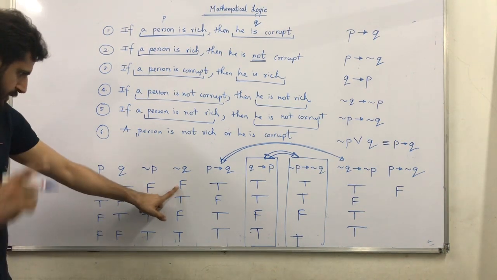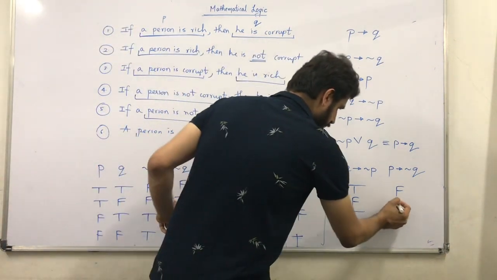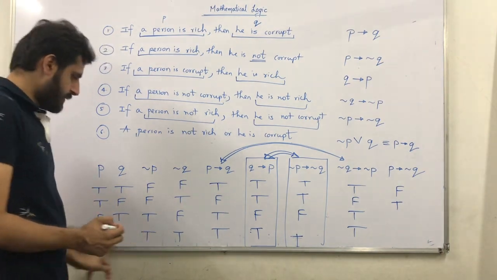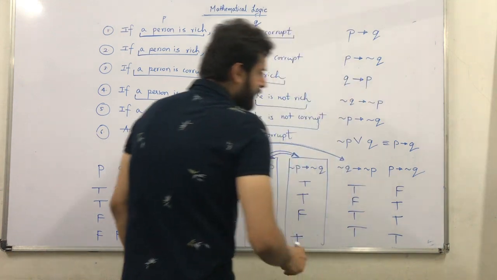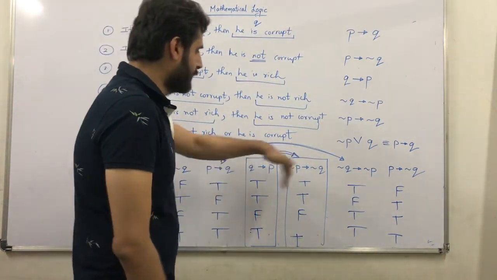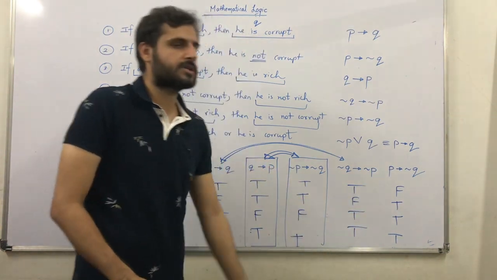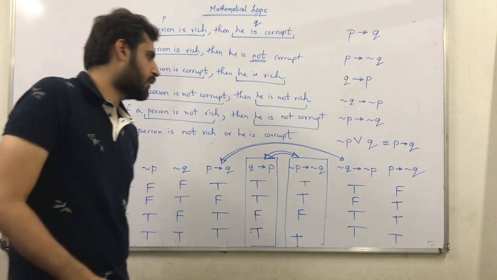So only the first is false, the rest are true. There is no connection with any of these, because everywhere else we have the first as true, and here we have the first as false. So that is not logically equivalent to any statement over here.